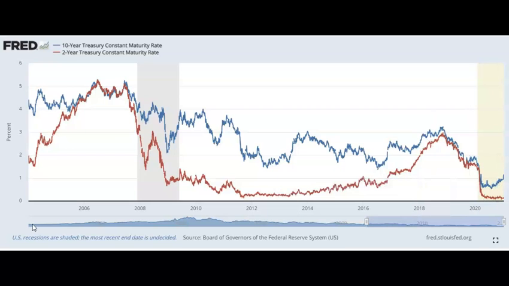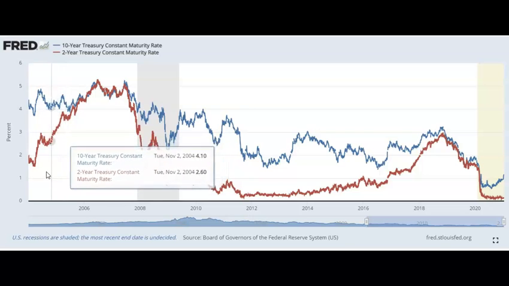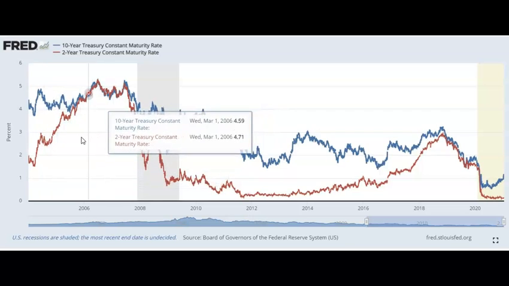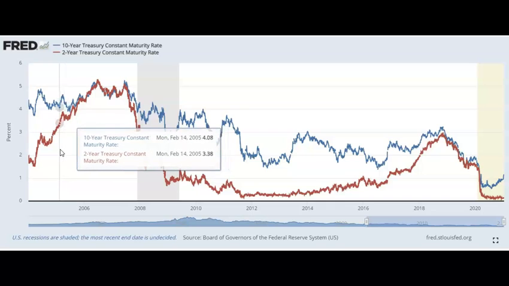If we look at the behavior between the Federal Reserve and bond market investors, we can see a disconnect in two places. If we look at prior to the 2008 meltdown, the Federal Reserve was rapidly raising rates. Generally, the bond market will follow course, and we would expect long-term rates to go up also, but they didn't.